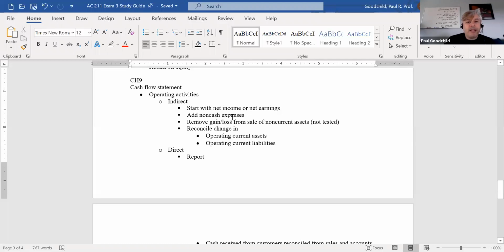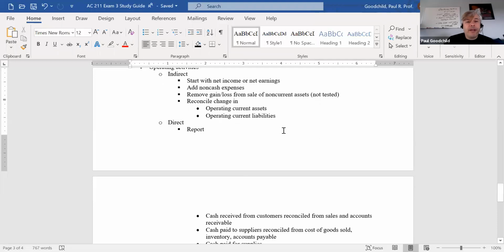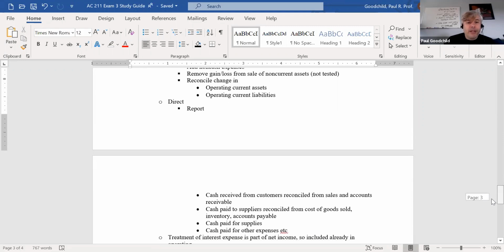It adds back your non-cash expenses. We remove gain or loss from sale of non-current assets. That's not tested, but just an FYI so you know about it. And then we reconcile the change in operating current assets and operating current liabilities. And we use those 4 rules that I gave you.